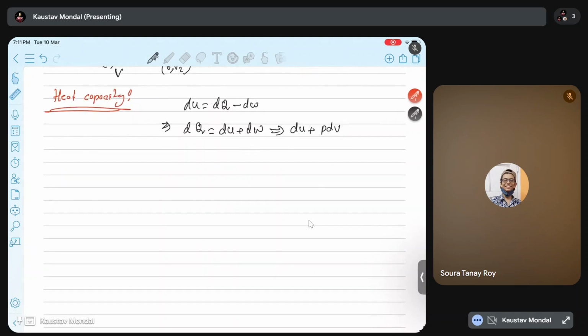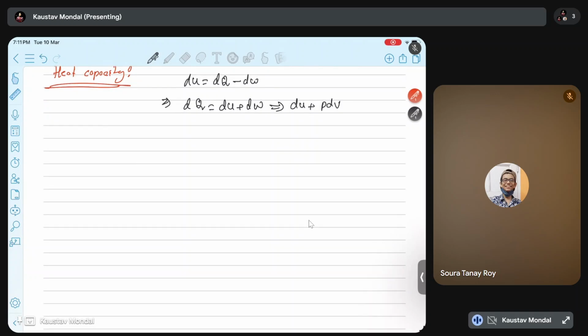Now first write the specific heat for the isochoric process. In an isochoric process the volume is constant, so the heat capacity is for constant volume, represented as CV, specific heat at constant volume. The CV expression we know: dQ by dT at constant volume.